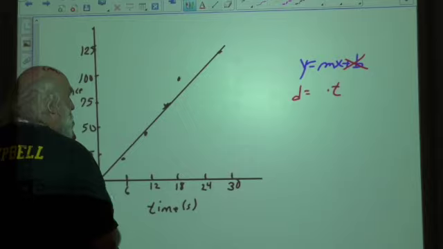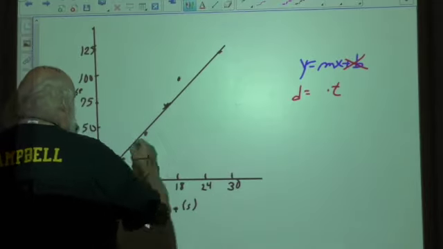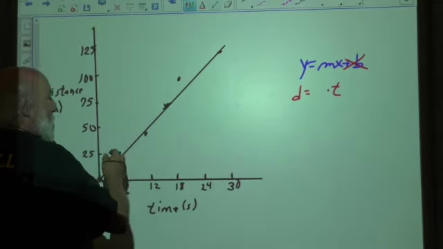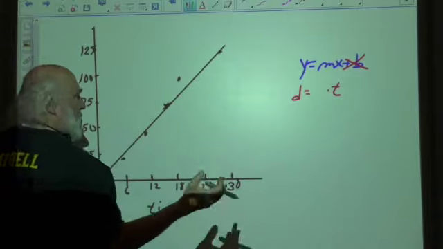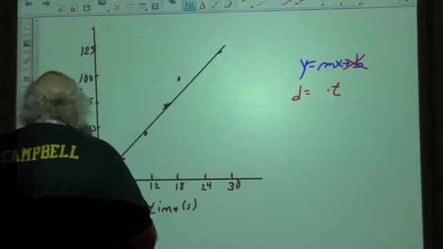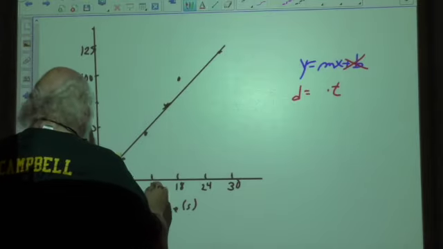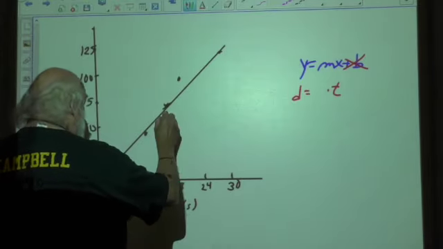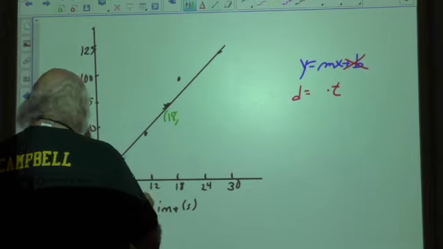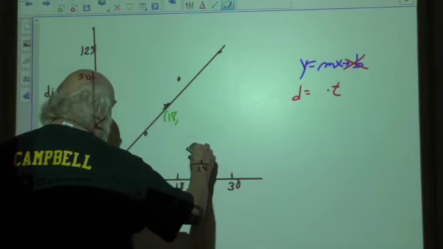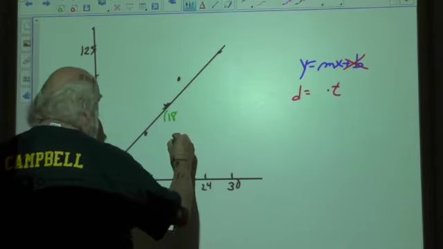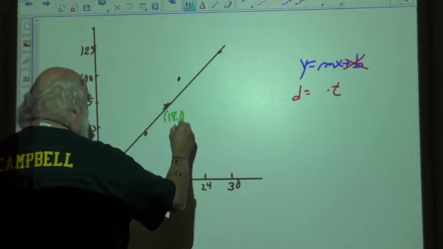Let's go ahead and use these 2 points. I would use the origin in this, but since these 2 points are pretty much on the line, I'm going to use them to find the slope. So this is going to be 18. Actually, it's 18.0 according to what I gave you on the chart. So let's use the exact same numbers.